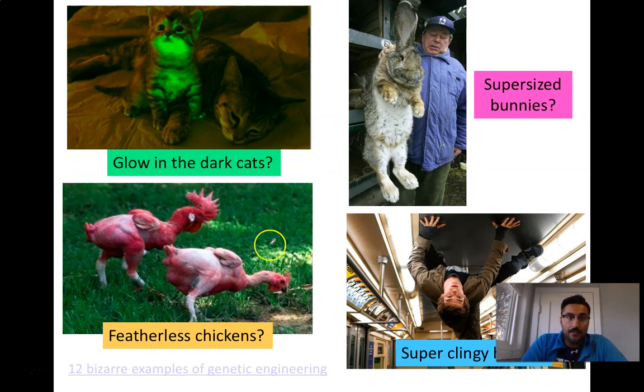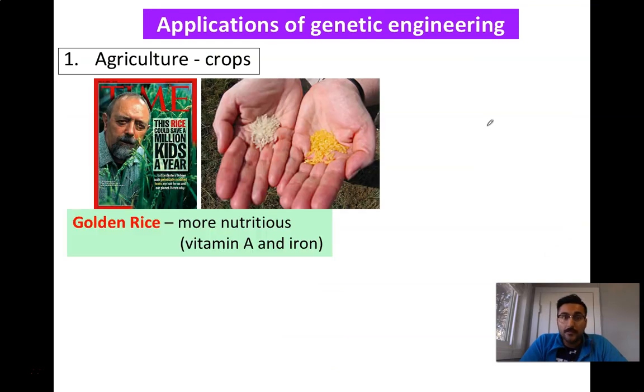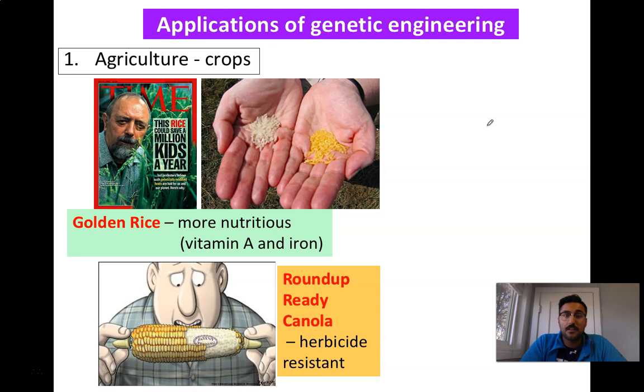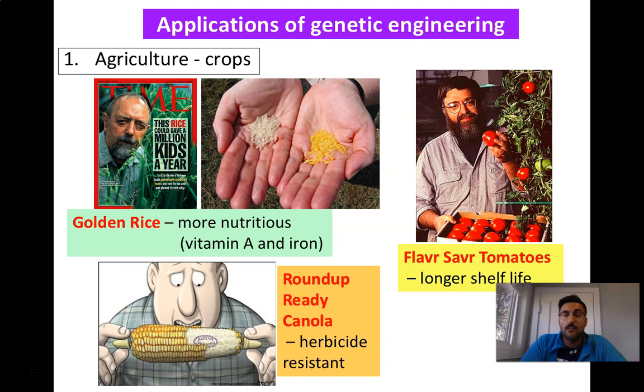Genetic modifying can have some funny outcomes. Sometimes it's just for research, sometimes it's necessary, but there are definitely ethical concerns in genetic engineering, and that's something important to consider. But we're not going to debate the ethics as much as we want to just understand how and what it is. So we want to genetically modify crops to make them more nutritious, hardier, resistant to pests, with a longer shelf life and more intense flavor.